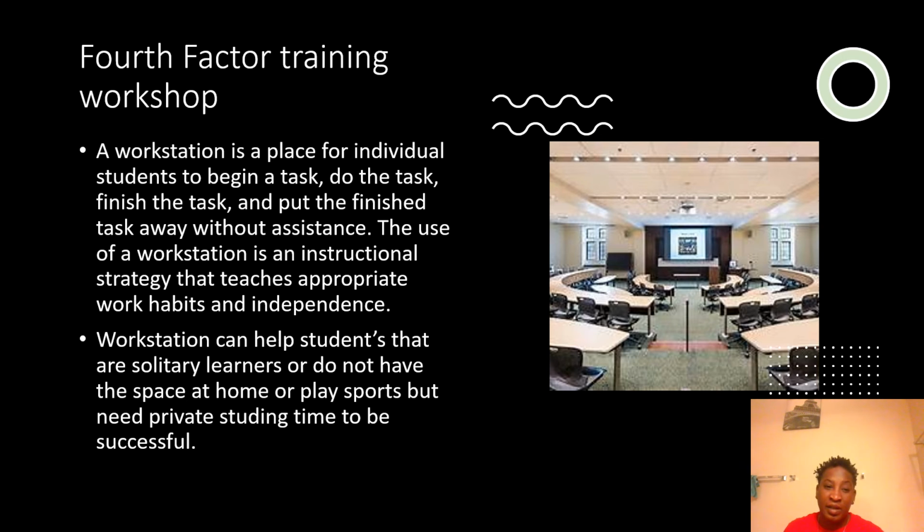I believe that a workstation can help students that are solitary learners. So you know how you have different types of learners. We all talked about that throughout this whole semester. Some solitary learners may say, hey, I went through this in class. Now say I have basketball practice or cheerleading practice and so on and so forth.